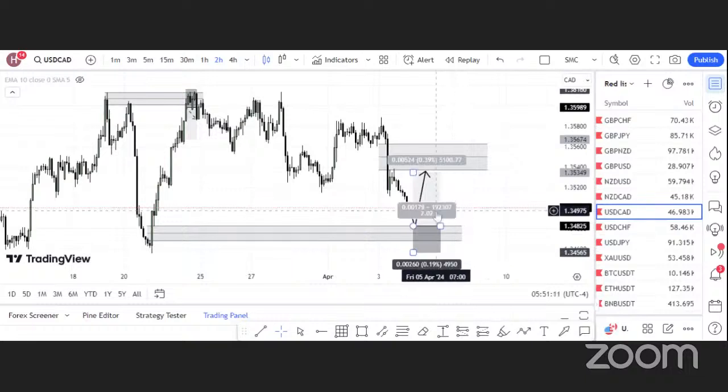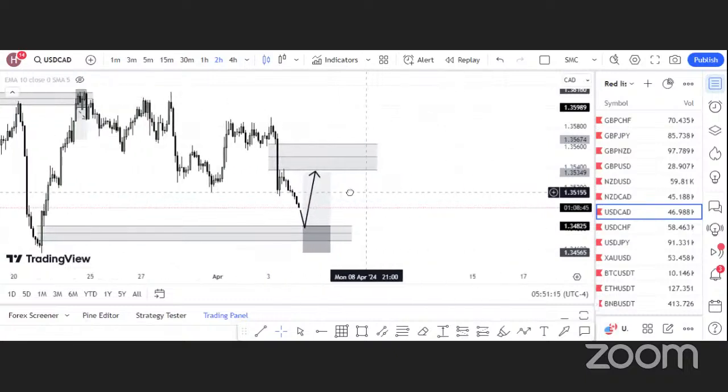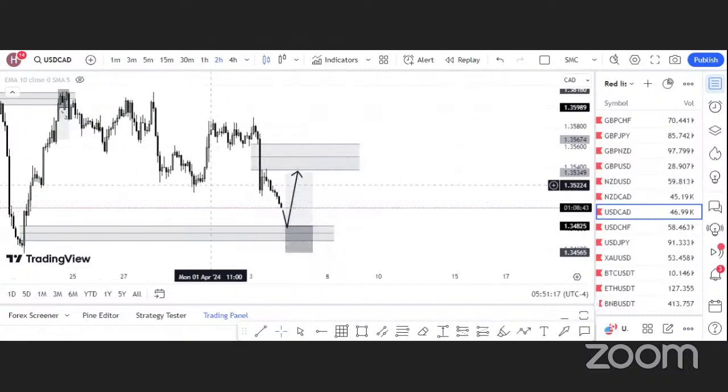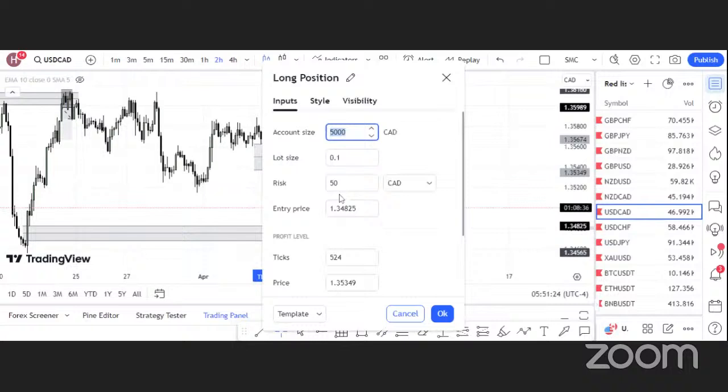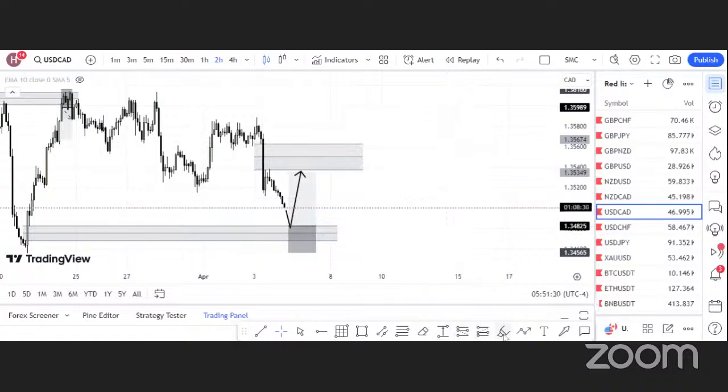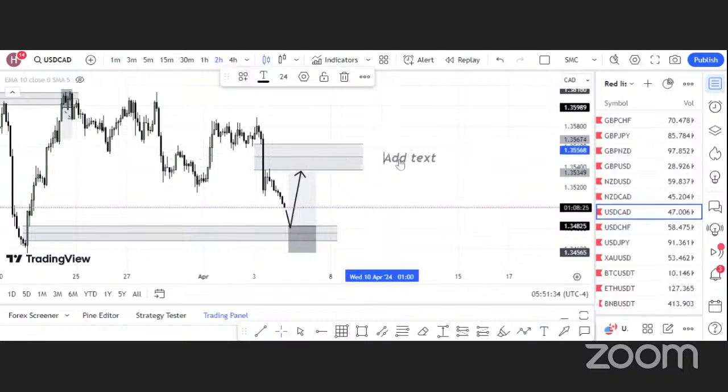Okay, guys. I think we can set a pending order for this trade. Okay, so this looks good. Let's set a pending order.